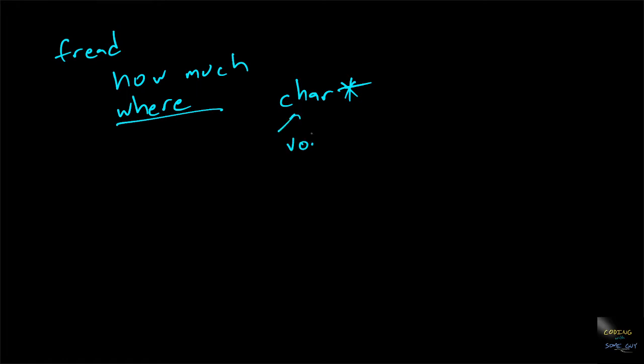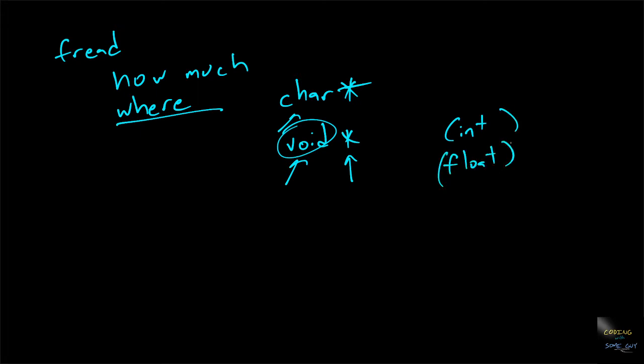I think the actual specification is for a void pointer. And this just basically means I'm not telling you what type it is. It's a type, and it's definitely a pointer, but if you want to get into that, you're going to have to cast it to something else. So you're going to have to say this is a stream of ints, or this is a bunch of floats, or whatever you want to cast it to. But we better keep that pointer there as well.